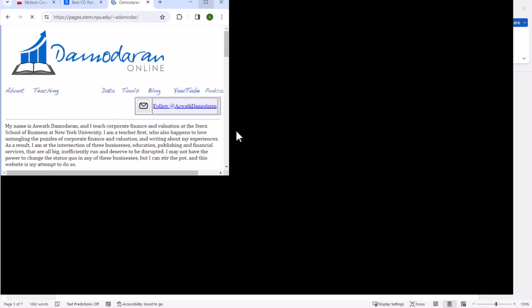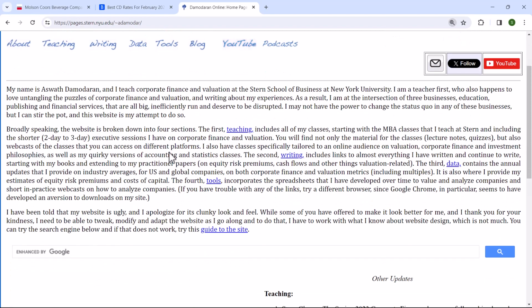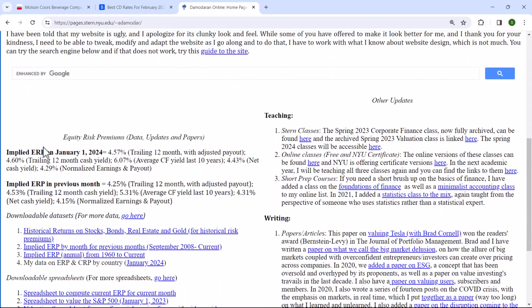So here's his website. He does say on it that he knows it looks clunky, but it's how he likes to work. So instead of calling it the market risk premium, he refers to it as the equity risk premium. And this is the implied equity risk premium as of January 1st, 2024.